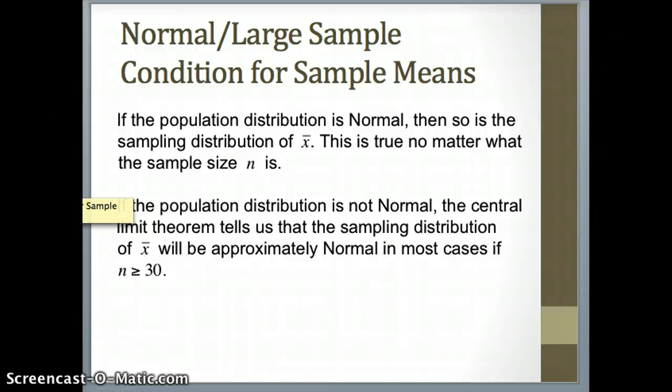If the population distribution is normal, then so is the sampling distribution of x bar. This is true no matter what the sample size n is. But if the population distribution is not normal, the central limit theorem tells us that the sampling distribution of x bar will be approximately normal in most cases as long as the sample size is greater than or equal to 30.